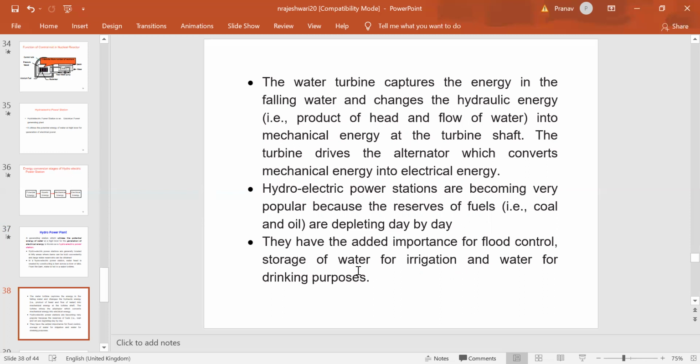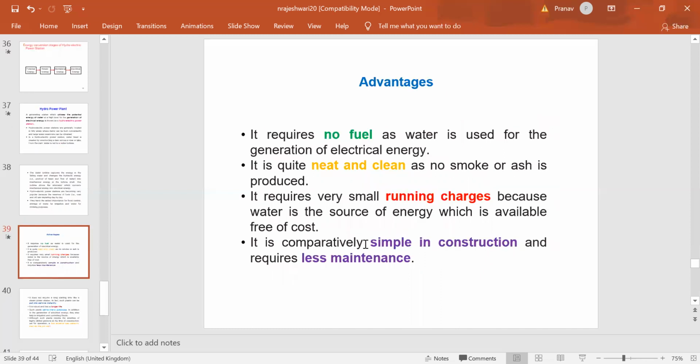And they have the added importance of flood control, storage of water for irrigation, and water for drinking purpose also from these hydroelectric power stations.